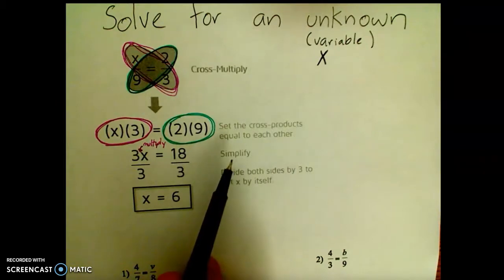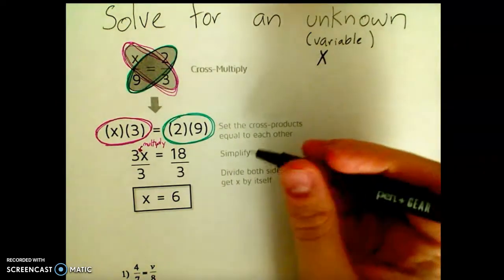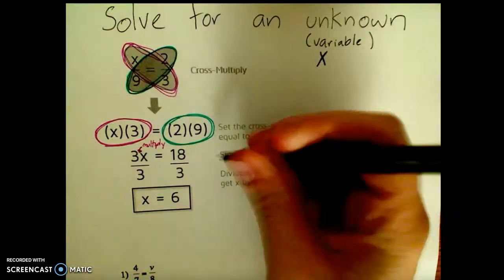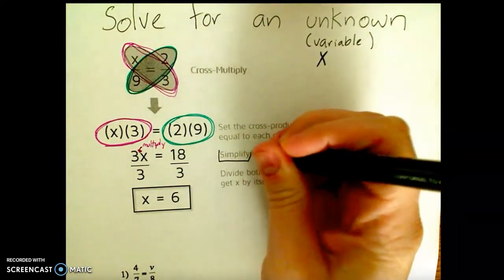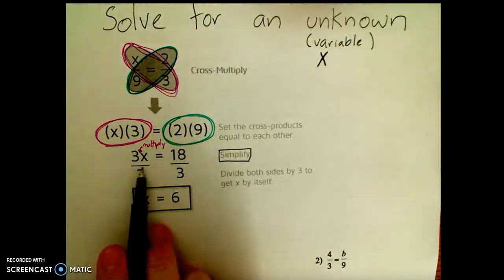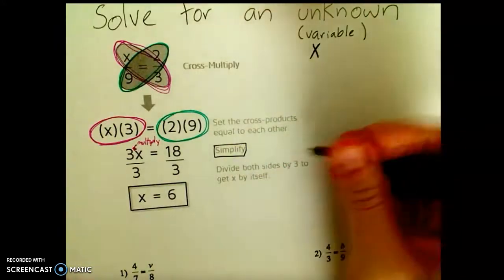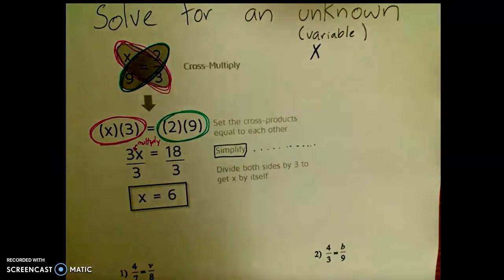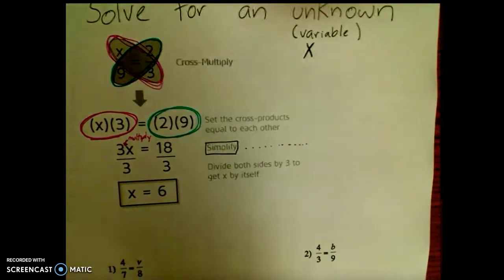Simplify. Now I'm going to take this part and I'm going to give it a box. Why am I doing that? Because they mushed everything together, and that makes me angry. So we're going to rewrite it over here in a more step-by-step manner. Okay?